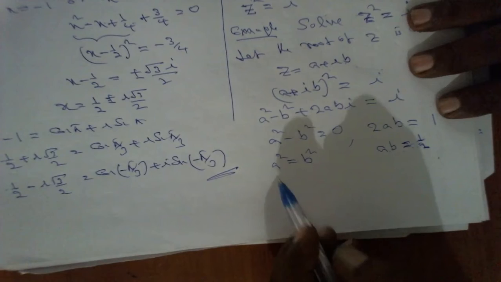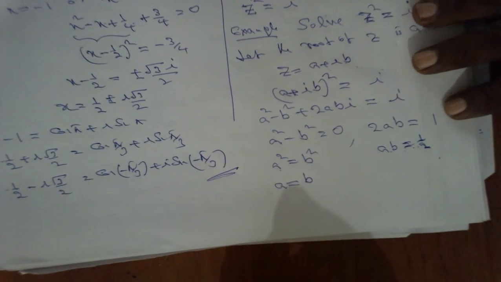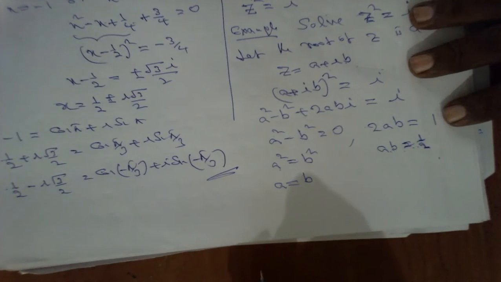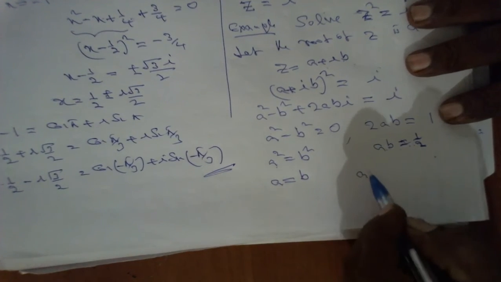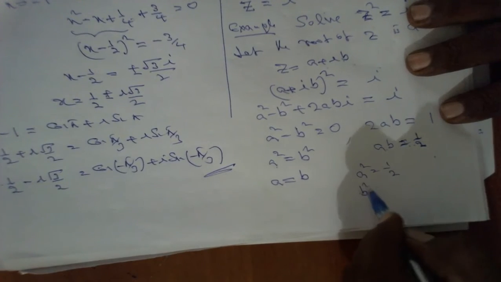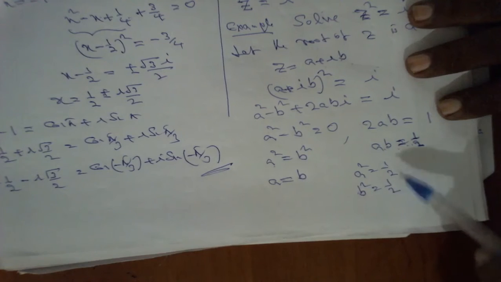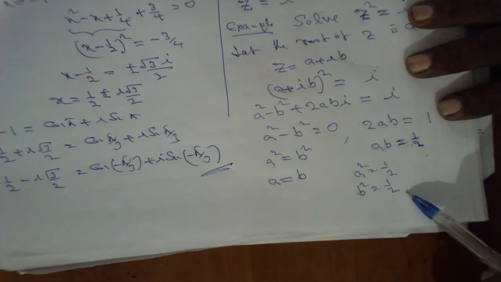Then you can take a equals b. Then you have a squared equals half, b squared equals half. So are these two the same equation or different equations?